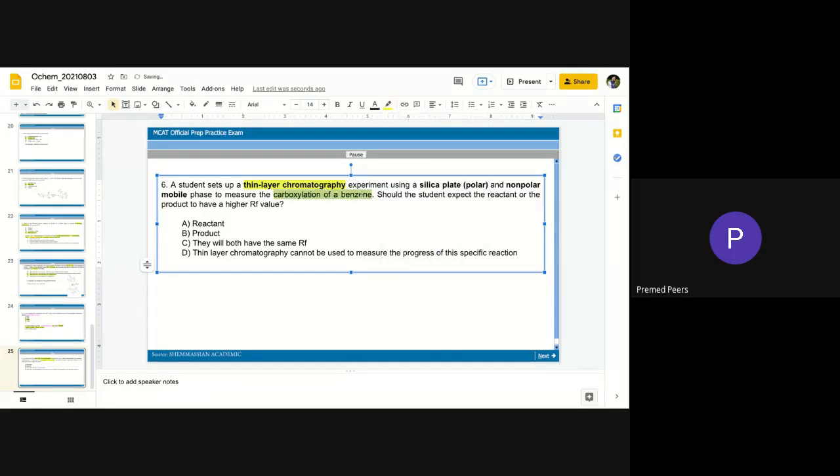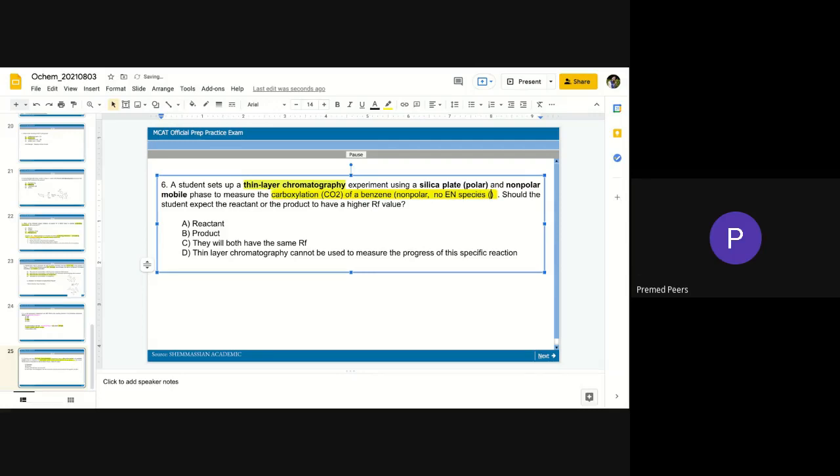So what does it mean when you are done with the carboxylation, does benzene get more polar or non-polar? It would get more polar. Because you think about the carboxylation, you have CO2, and whenever you get something electronegative into something, which benzene is obviously nonpolar because of that aromatic ring, and no electronegative species.